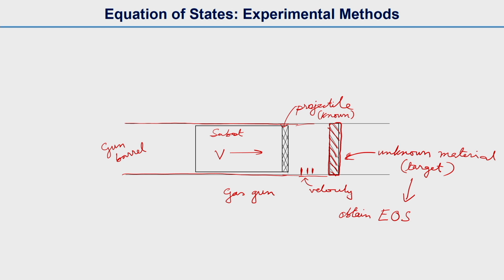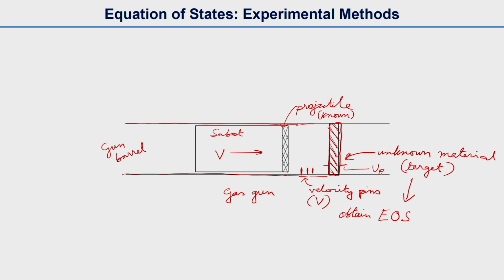They will measure the projectile velocity v, and there will be some pins at the target surface as well, which will give us the particle velocity.